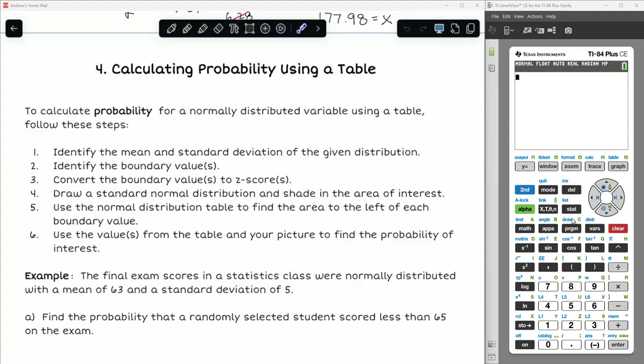Once we've done that, we're going to draw a standard normal distribution, mark where our boundary values sit, and shade in the area of interest that corresponds with the probability we're calculating. We're going to use the normal distribution table to find the area to the left of each of the boundary values in our picture. Then we'll use the values from the table and our picture to find the probability of interest. And we're going to do 3 examples so we can see what this looks like.